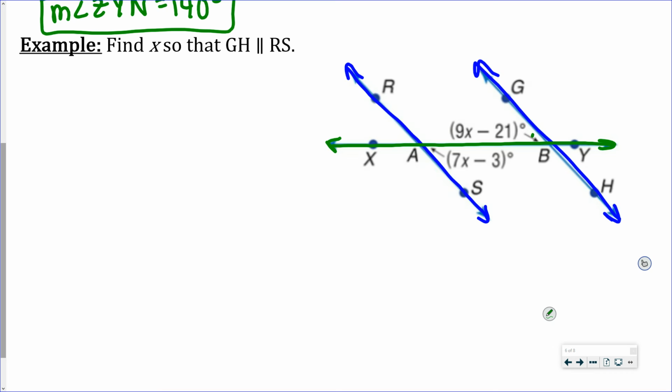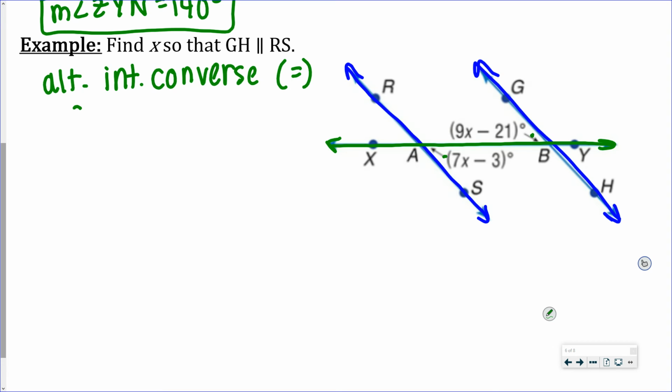Alrighty, folks, what's these two angles' relationship? Alternate interior, which means they should be congruent or the same. Okay, so using the converse, if we can show these measures are the same, then we can conclude they're parallel. All right, another equation here. Minus 7x.